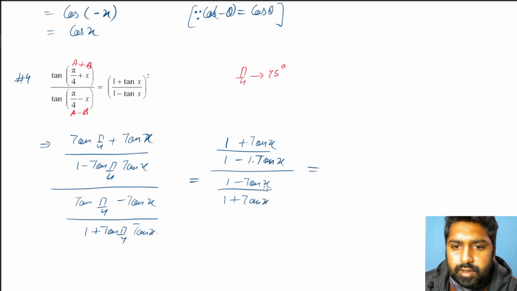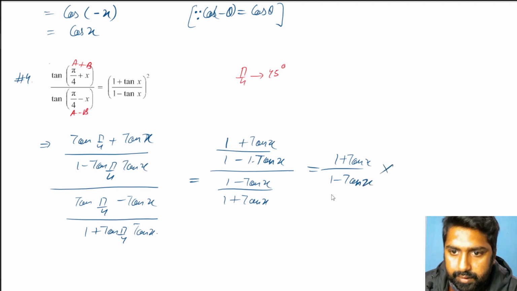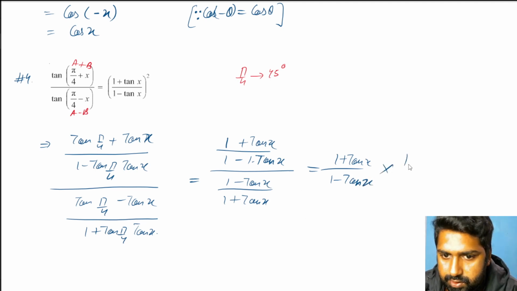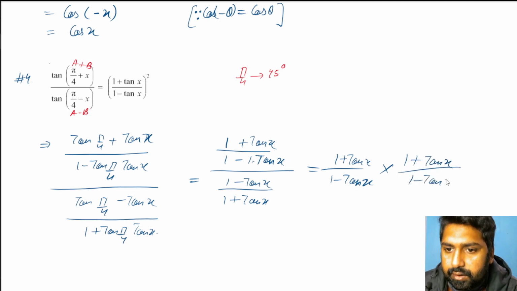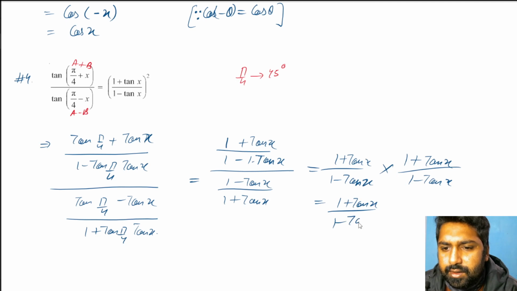So just take the denominator up and reciprocal. So you'll get 1 plus tan x upon 1 minus tan x, and the denominator will reverse. So 1 plus tan x in numerator upon 1 minus tan x. That's nothing but the same thing written twice. So 1 plus tan x upon 1 minus tan x whole square.